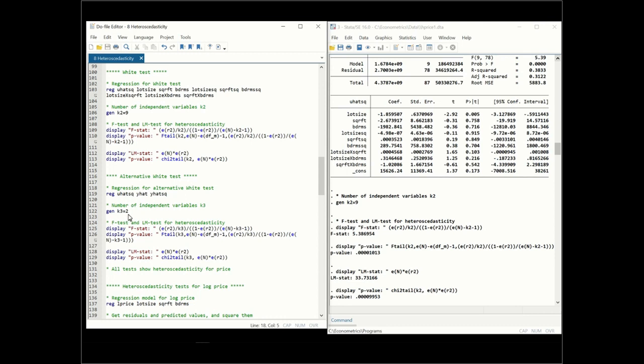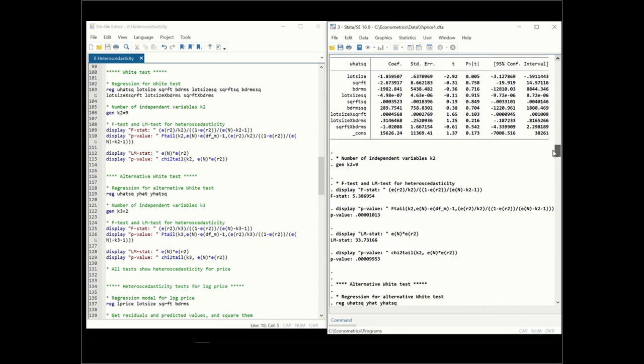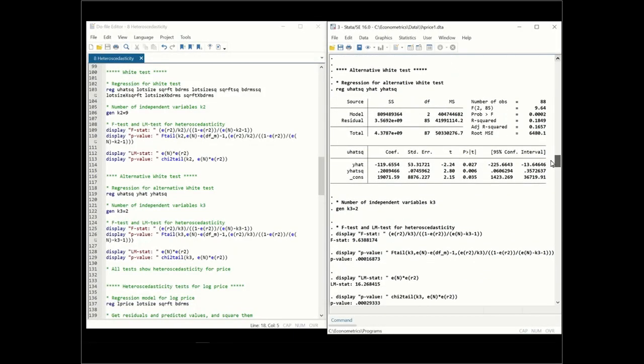So here we have two independent variables, and then we would be doing the F test and the LM test again for the alternative White test. After we estimate this model, here we have u hat squared, and these are the independent variables. These are the coefficients. So we actually have two significant coefficients in here.